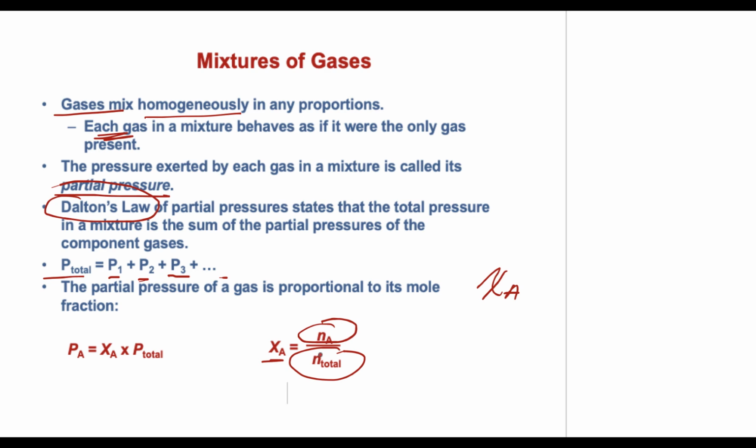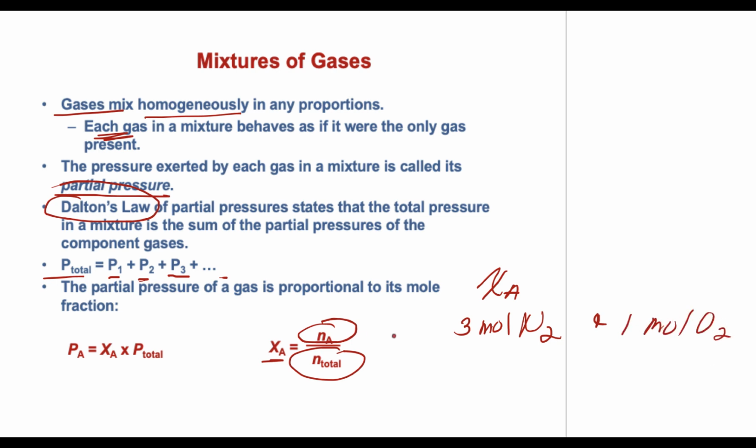Okay, so for example, let's say we have 3 moles of nitrogen and 1 mole of oxygen.